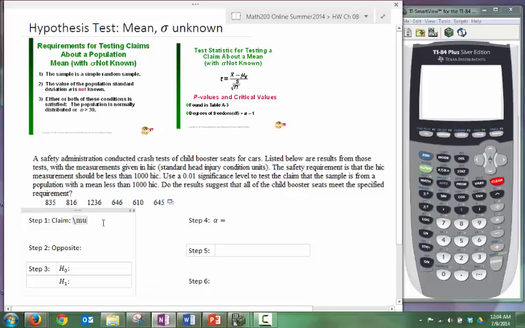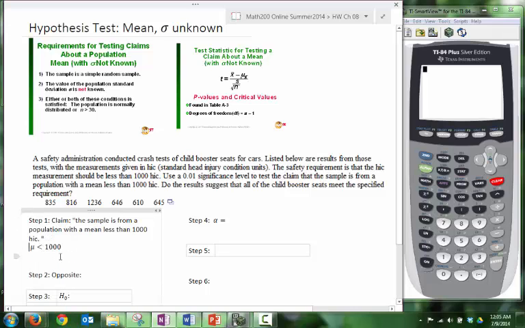Our claim is about mu, and we want that to be less than 1,000. So we should actually write that out first, I guess. So the claim states that the sample is from a population with a mean less than 1,000 HIC.